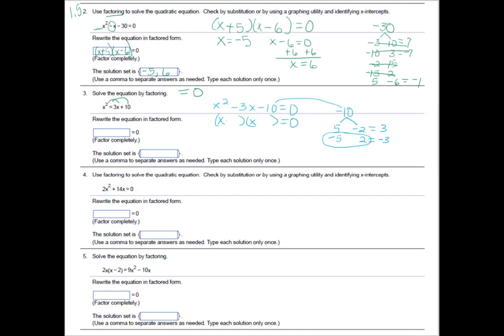Now it doesn't matter which one I put in the first parenthesis or the second parenthesis, as long as I keep their signs, negative 5 and positive 2. Okay, that is the answer for your first blank. Set each of those equal to 0 to get your solutions.